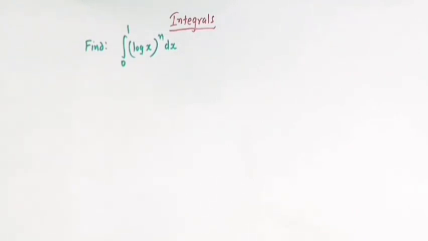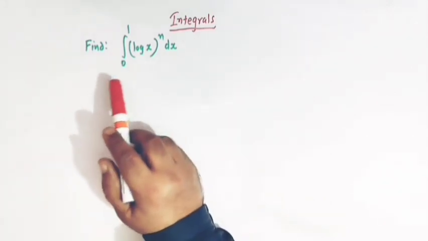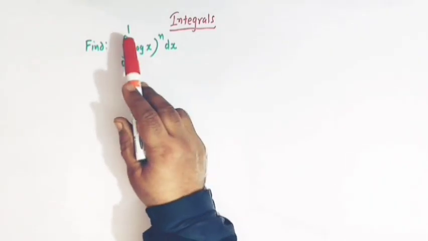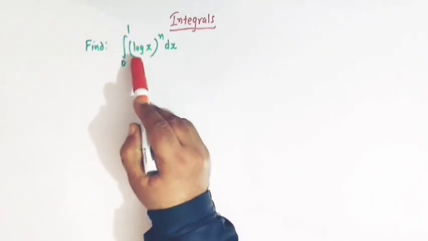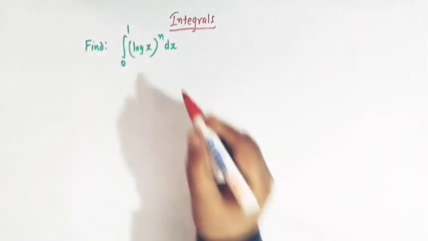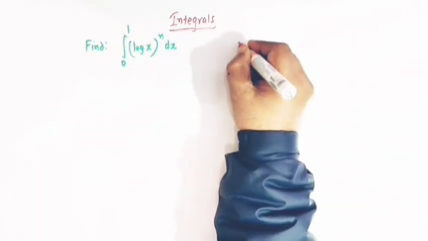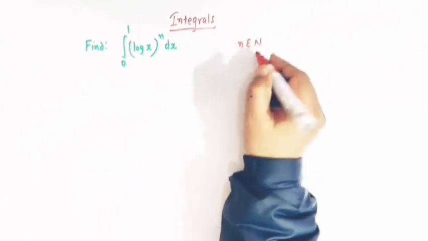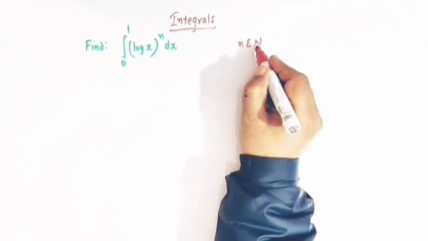In today's class, we are going to discuss yet another important and conceptual problem from integrals. So in this lecture, we are going to solve this important integral, which is from 0 to 1, and the integrand is (log x) raised to n, where n belongs to the set of natural numbers.